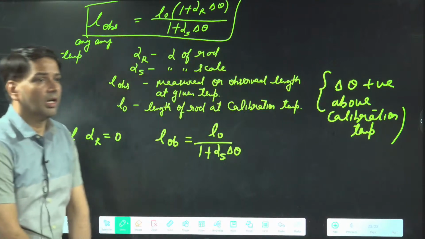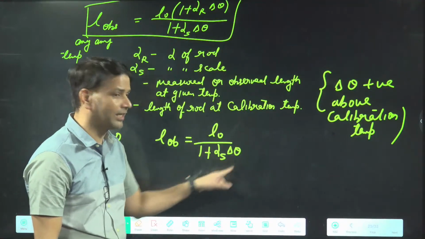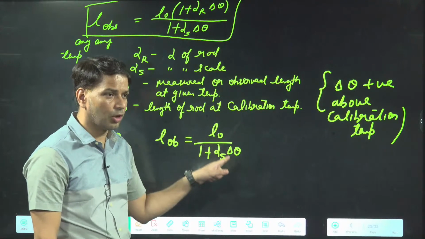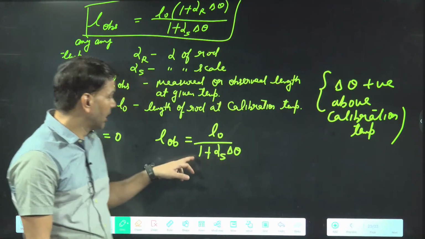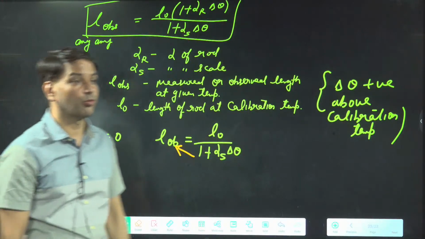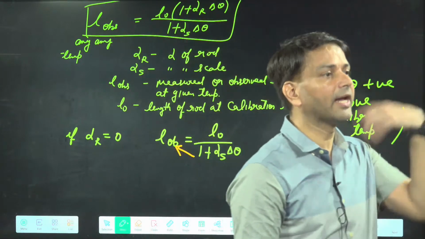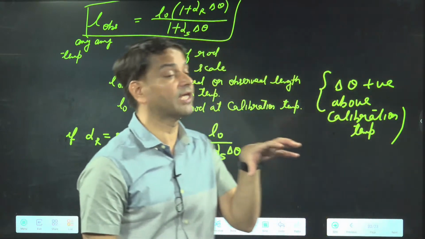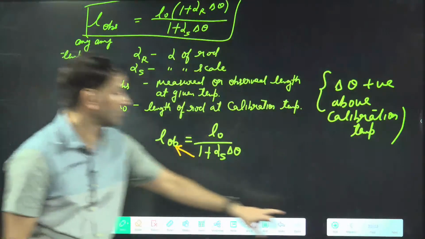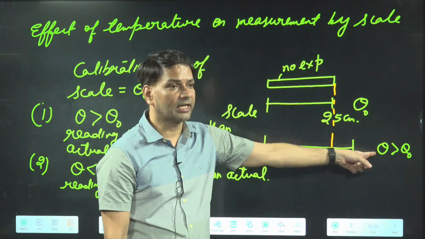Now delta theta is positive and alpha scale is positive, so the denominator you will get more than 1. When you multiply with L observed, what is the length you observed? You observed length 25 at some temperature, and that temperature was more than calibration. You can see this problem, I am observing at more than calibration temperature.